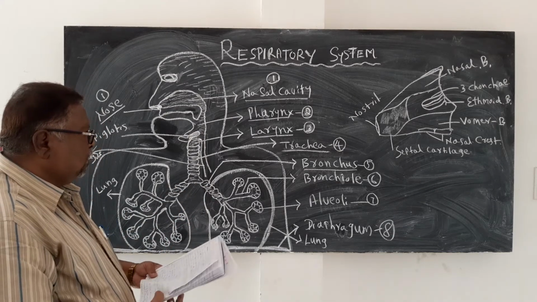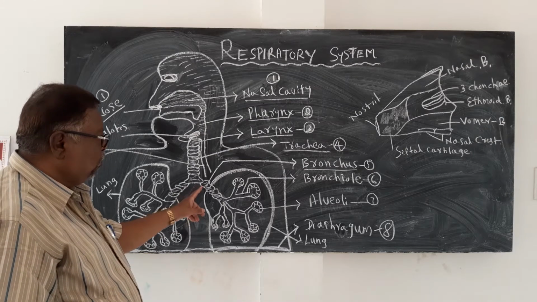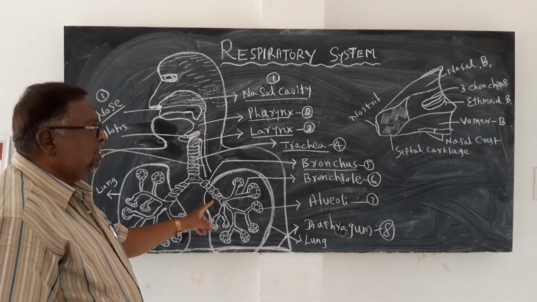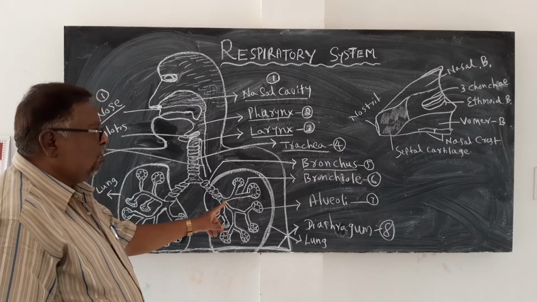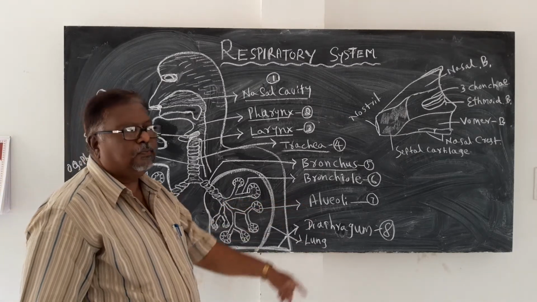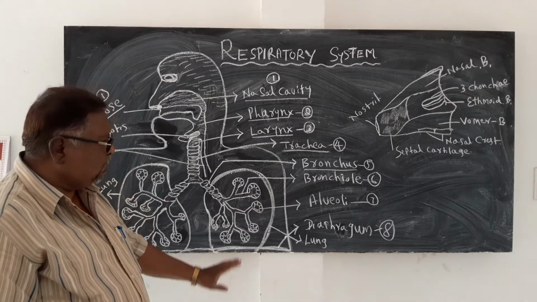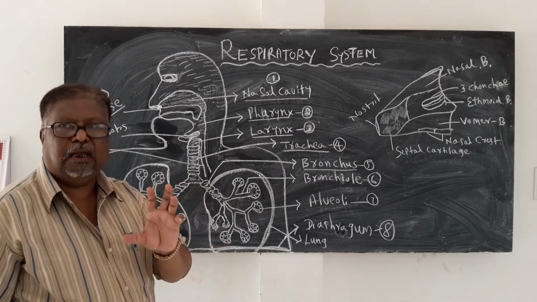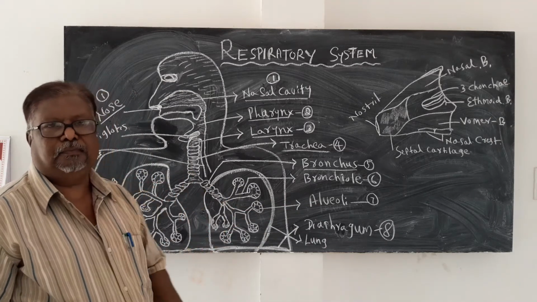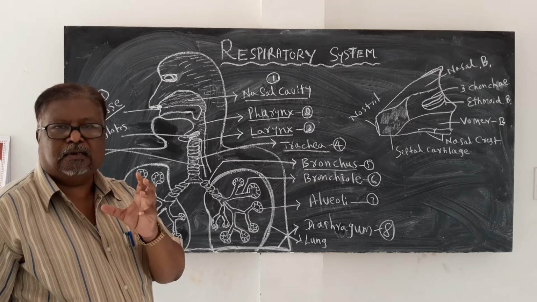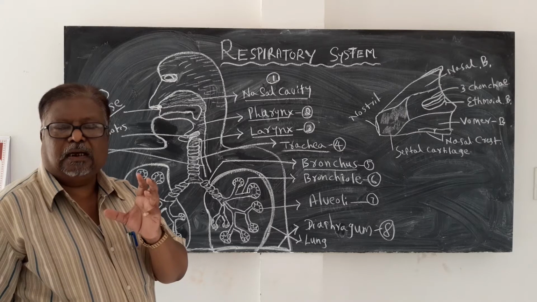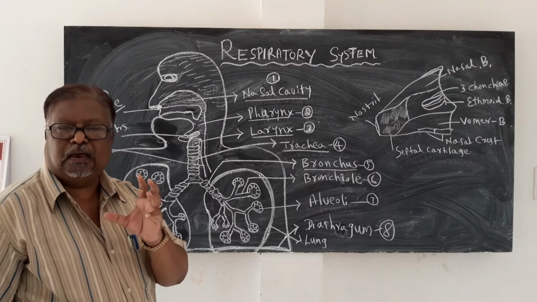Then this bronchus enters the lung and divides into small branches called bronchioles. Just like a grape bunch, the lung is made up of a bunch of grapes.